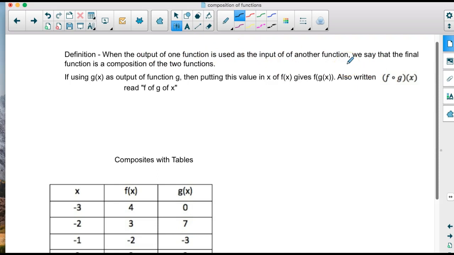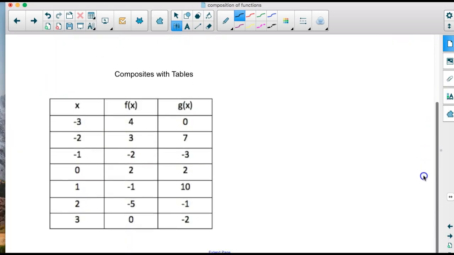So here is our table composition examples. Examples with a table. So here's a table of values, here's our x values, here's our f of x values, here's our g of x values. So if we want to make a composition of f of g of 0, then what we're going to do is evaluate the output of this function g of 0.